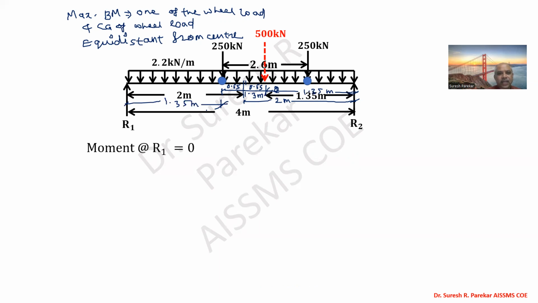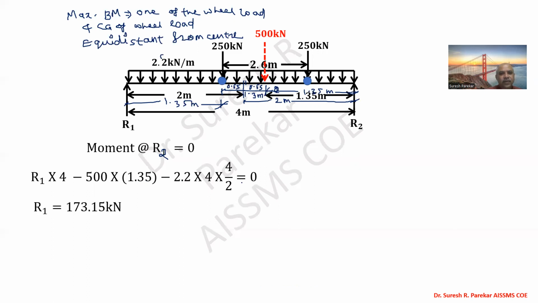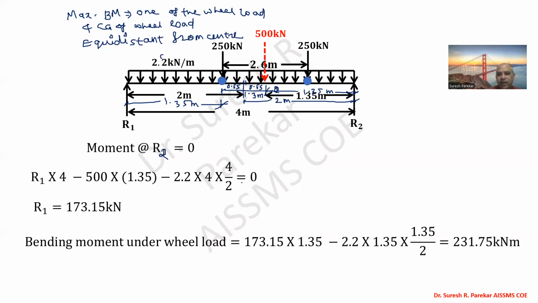Then we will take moment about R2. From this we will consider CG 500 into 1.35 minus 2.2, which is the rail plus self weight of the gantry girder. From this we will get R1 173.15 kilonewton.